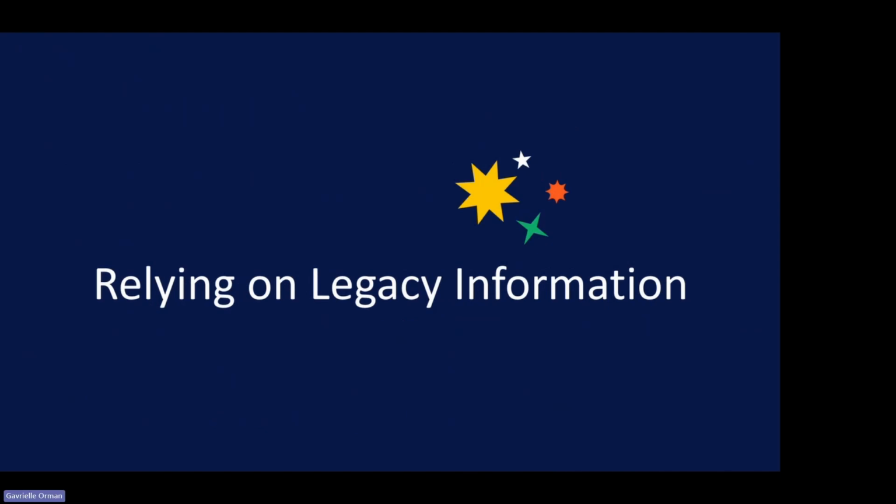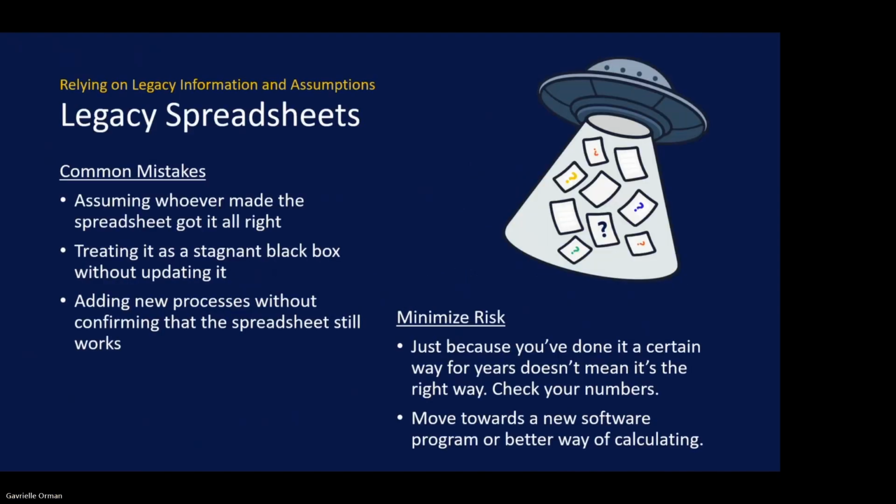Now to talk about relying on legacy information and the errors that can result. For TRI reporting, the most common way of getting this data together is in a really big stagnant Excel spreadsheet. So legacy spreadsheets can get you into trouble pretty quickly.